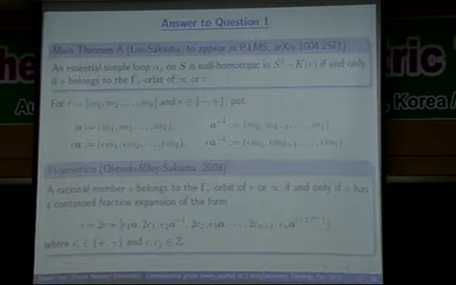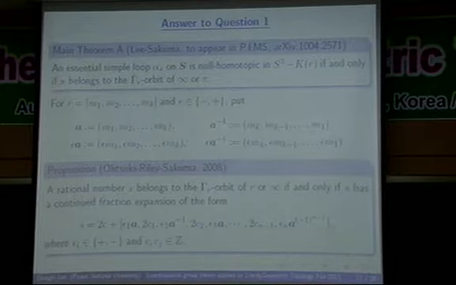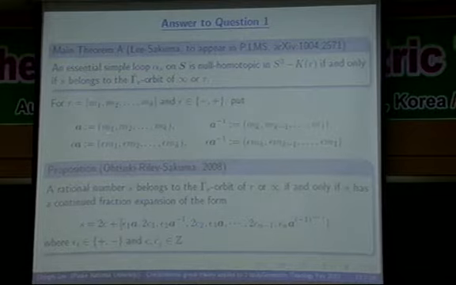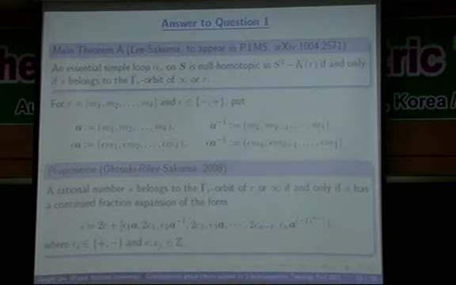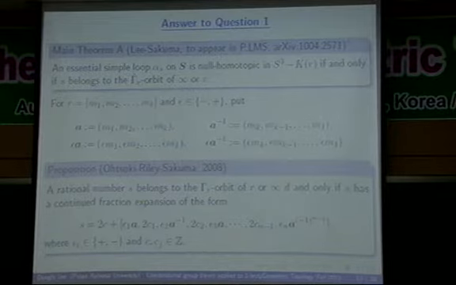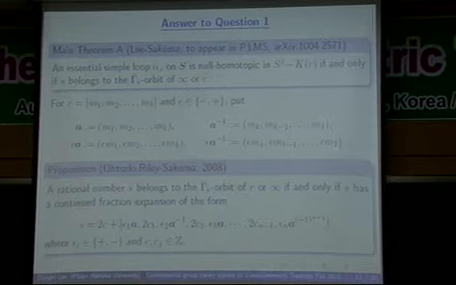We suppose R has a continued fraction expansion like this, and epsilon is either plus or minus. Then we write A for this sequence and A inverse for this sequence, in reverse order. And epsilon A for this sequence and epsilon A inverse for this sequence.